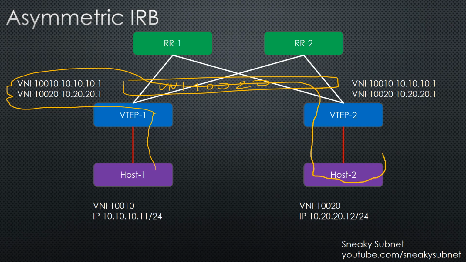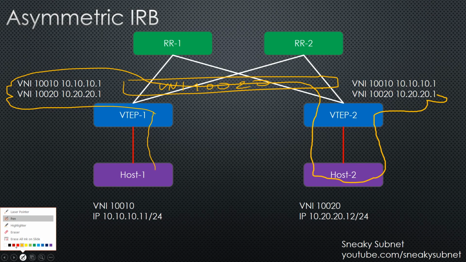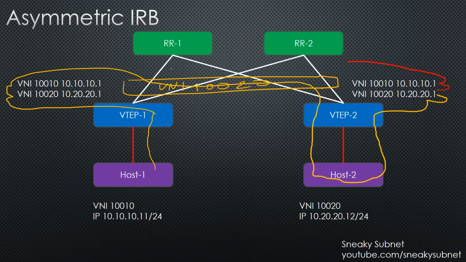Host number 2 sends a reply. It goes to its default gateway, and now it routes from VNI 120 to VNI 110. It gets routed, and it gets bridged via VNI 110.